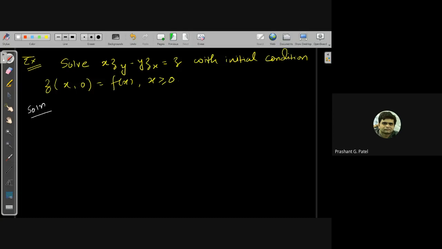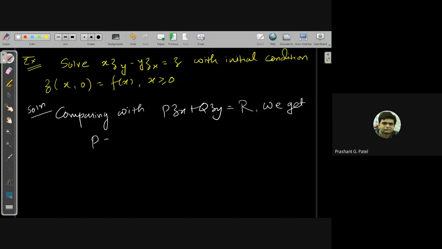So first you should compare this equation with the given equation. So comparing with p zx plus q zy is equal to r, we get p equal to minus y, the coefficient of zx.